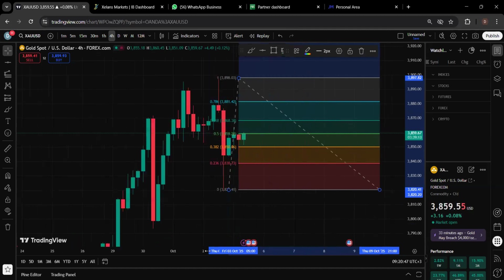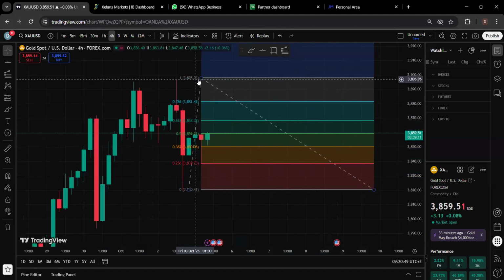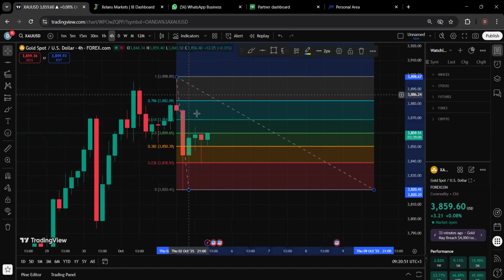And you can see already, according to the 4 hours, the market is reacting here. Can you see the market is already reacting within this line? So what we are waiting for is a breakout above 38.59. This is according to the 4 hours. That's why I always tell you to embrace the higher time frame. So breakout at around 38.59, that's what we are waiting for.